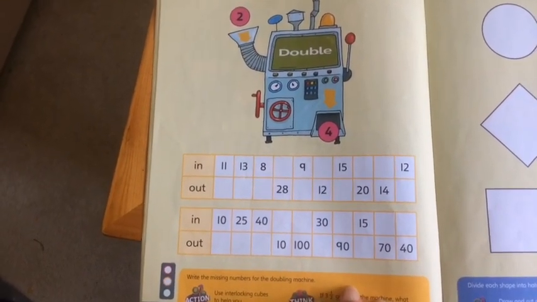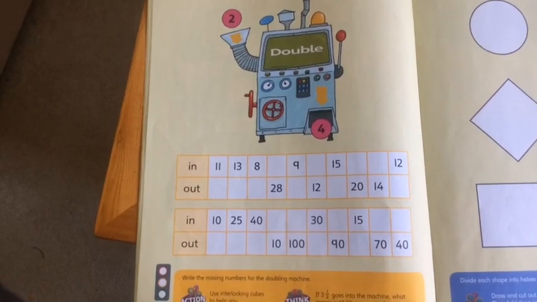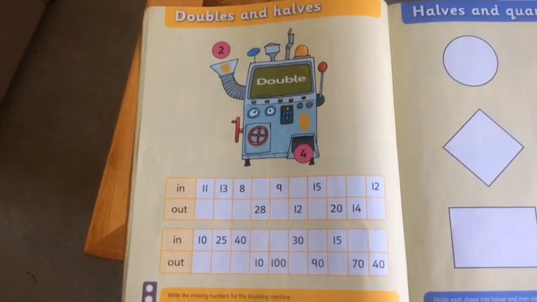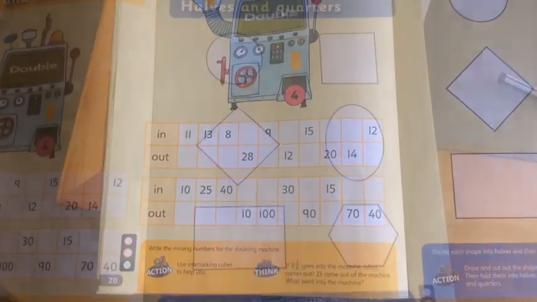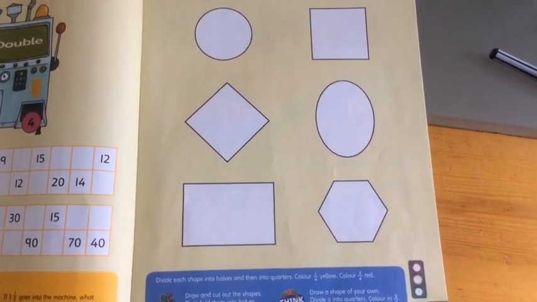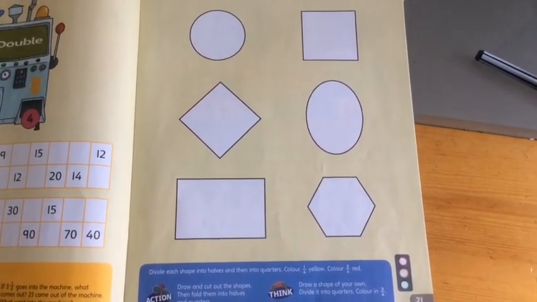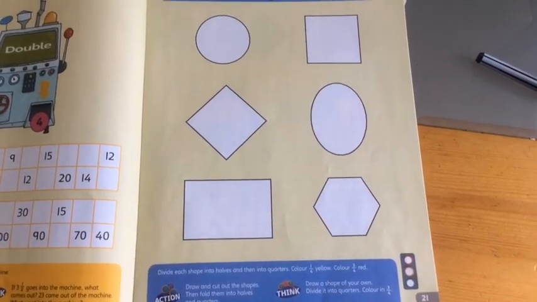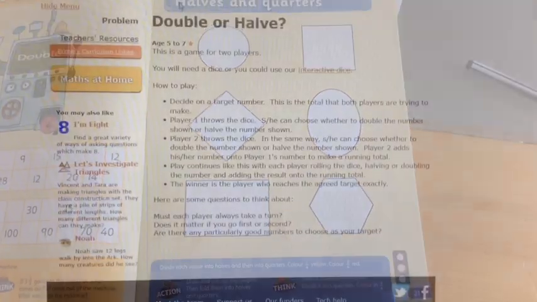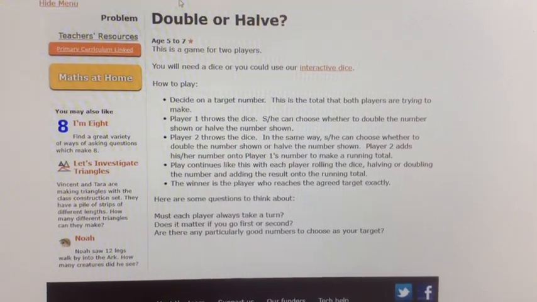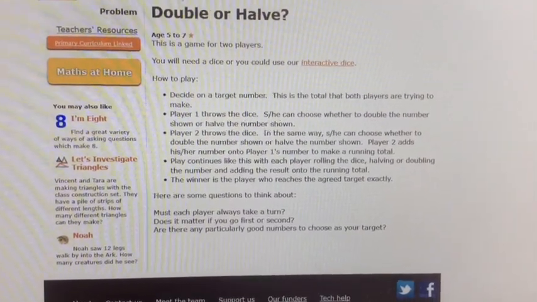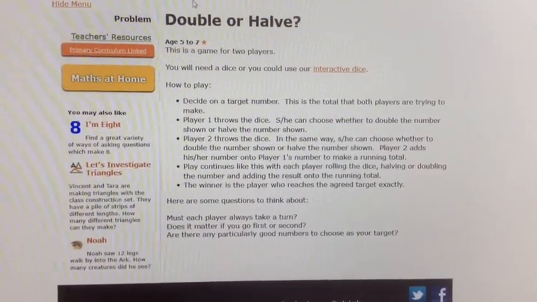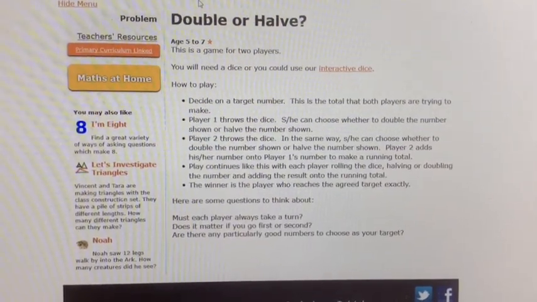Think a bit more about doubling and halving here with the function machine. Page 20. And have a little go at page 21. Halving of shapes, but also a bit of quartering. There's a game for you to play on the Enrich website to stretch you a bit more with your doubling and halving skills.